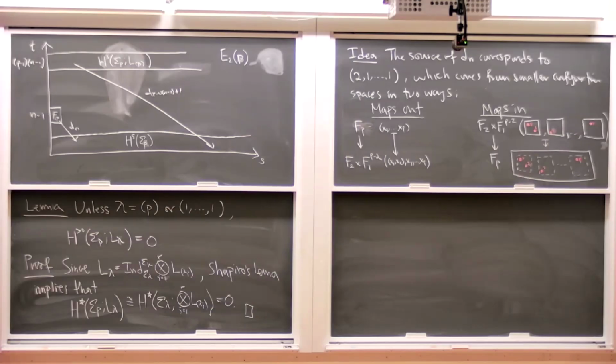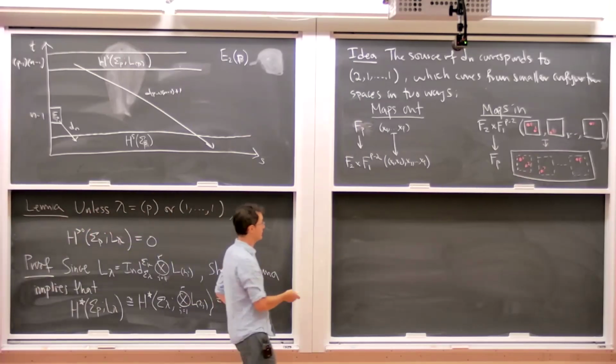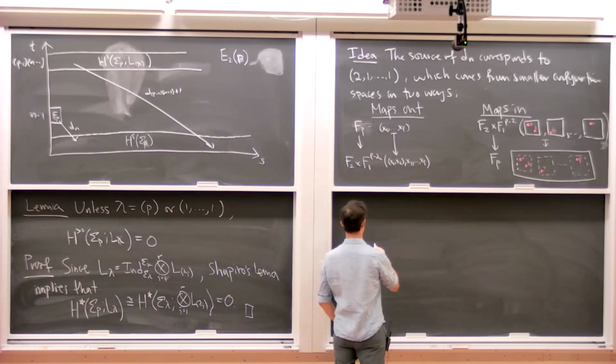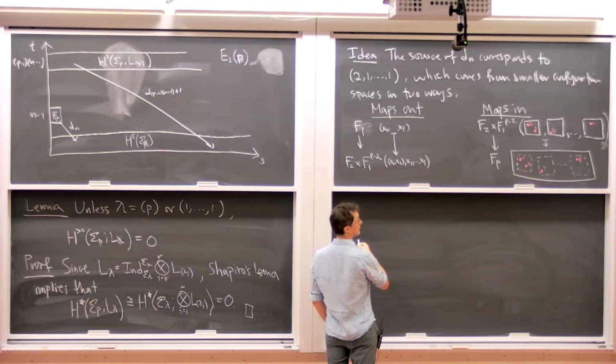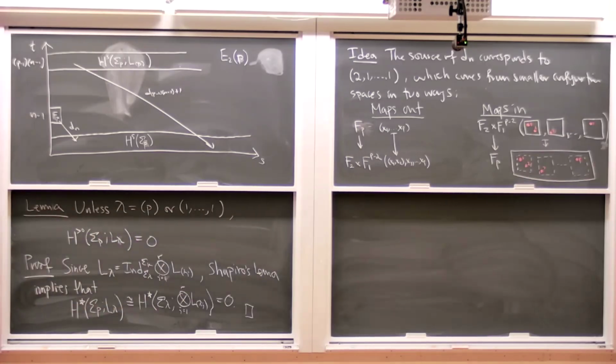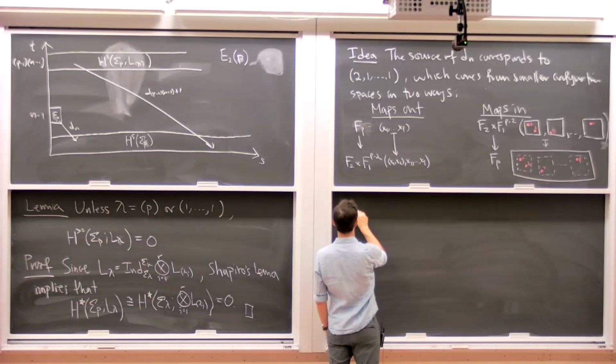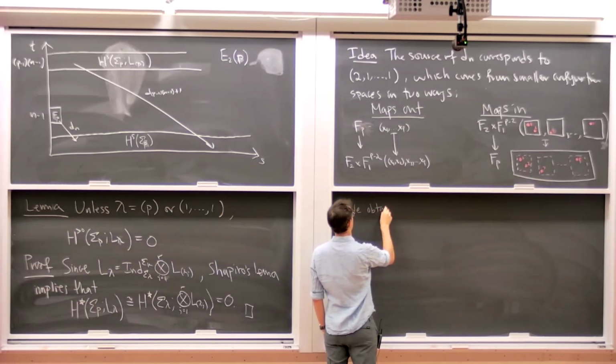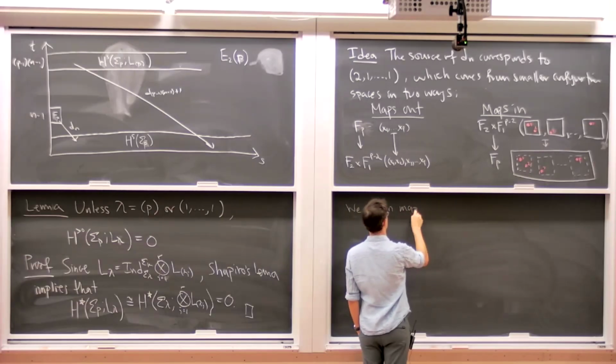Well, then one thing that you get from these constructions is maps of spectral sequences.